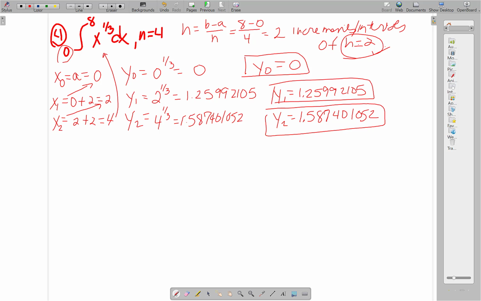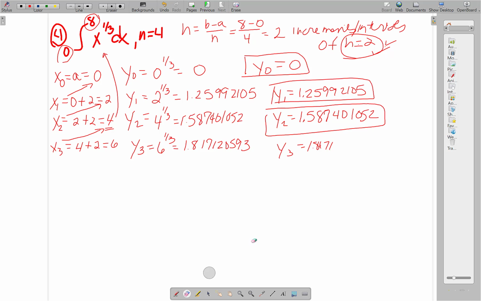Are we done yet? No, because we've only gotten up to 4 here, and our value has to go to b, which is 8. So x sub 3 is going to equal what we had before, our 4, plus our h increment of 2, which equals 6. We're getting closer. So y sub 3 is going to equal 6 to the 1/3, which comes out to 1.817120593.